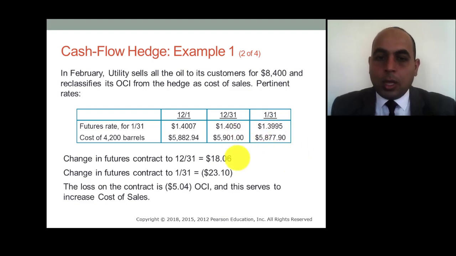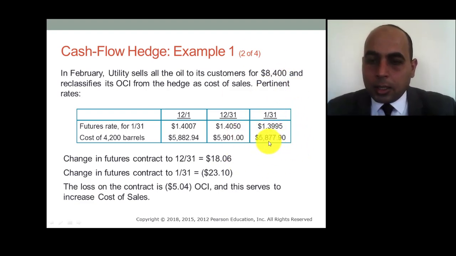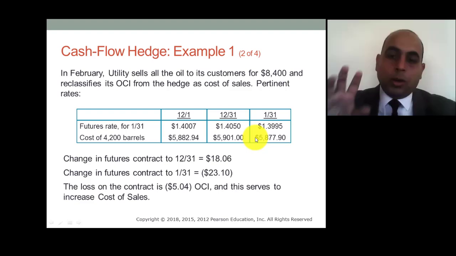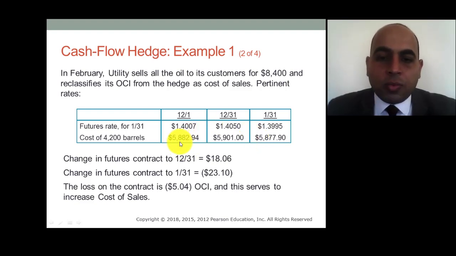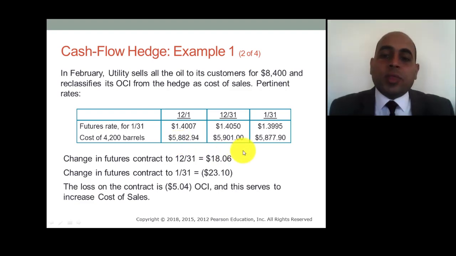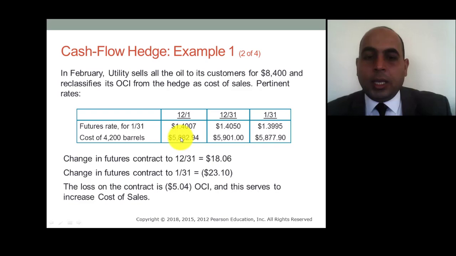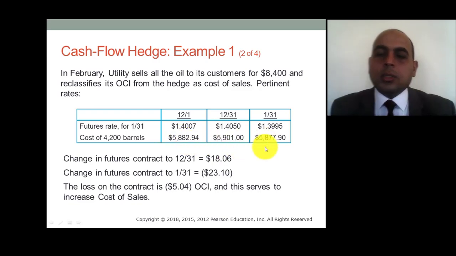The difference from 5,877.9, which is the value of the acquired goods on the date of settlement, and on the date of the agreement 5,882.94. So here we are talking about 4.96. So we will receive this amount as the value has increased from this amount to this amount.